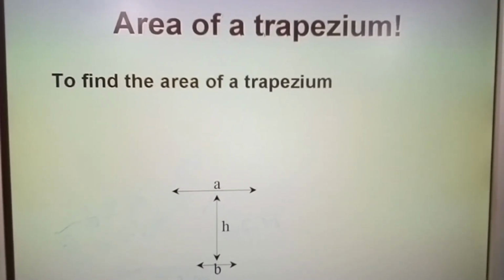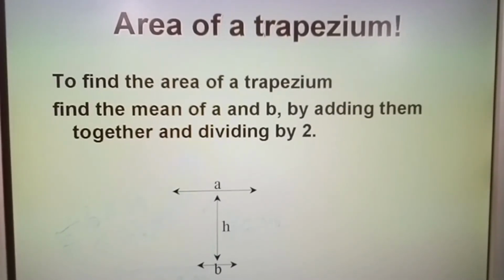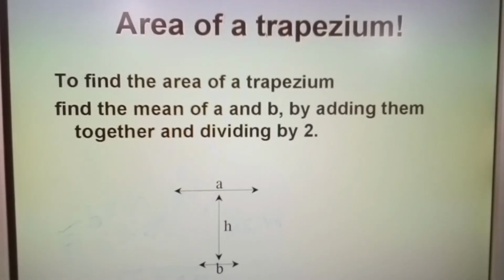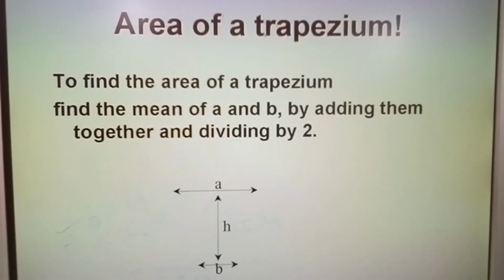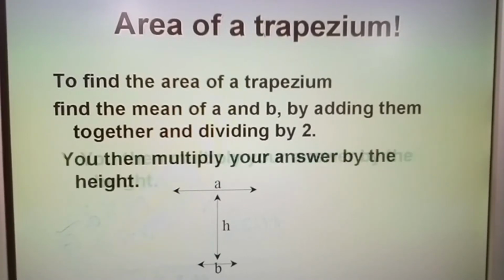To find the area of a trapezium, find the mean of A and B by adding them together and dividing by 2. Okay. You then multiply your answer by the height.